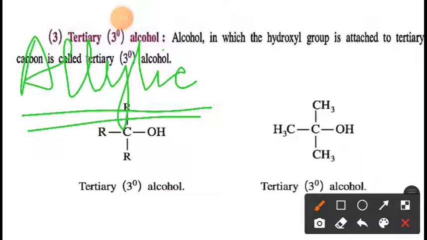So in this alcohol, the hydroxyl group is attached to sp3 hybrid carbon next to the carbon carbon double bond known as allylic carbon. Okay, and this alcohol can also be classified as primary, secondary, or tertiary allylic alcohol.